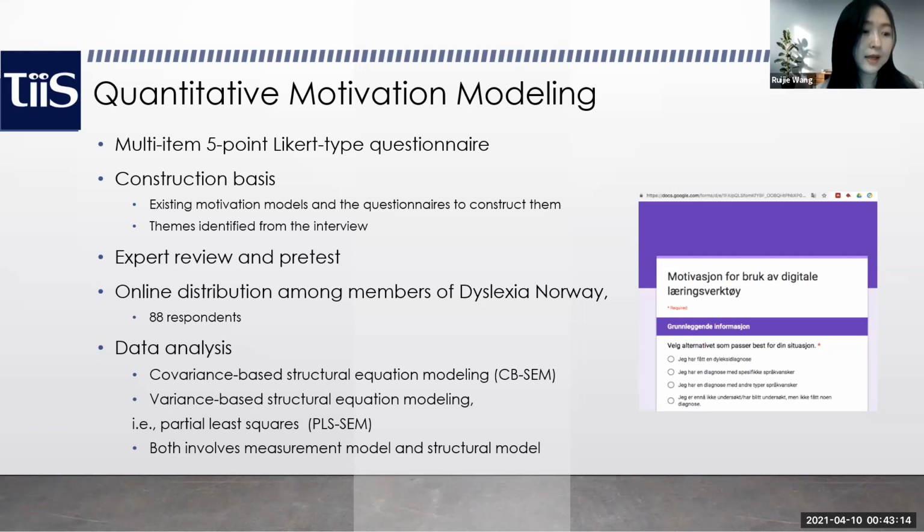Data gathered were analyzed using structural equation modeling. There are two typical approaches to SEM, namely covariance-based or variance-based SEM, also named CB-SEM or PLS-SEM. We firstly used CB-SEM, but we found our data does not fulfill the normality assumption.